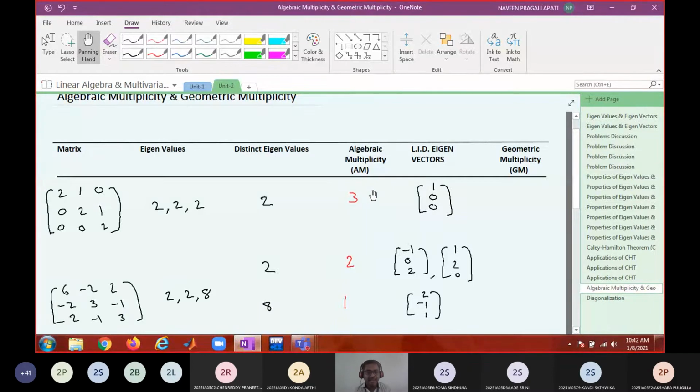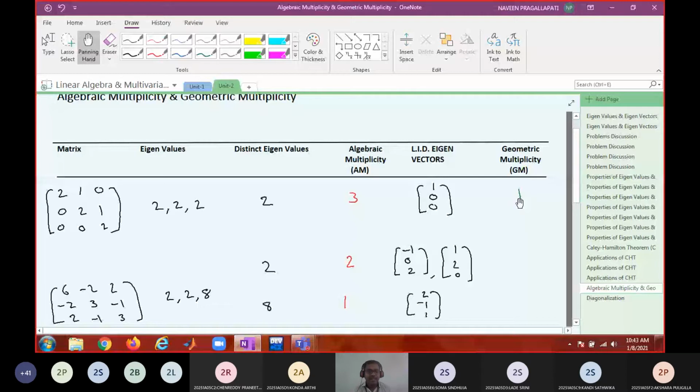So for eigenvalue 2, how many independent eigenvectors did you get? Only one. So what is the geometric multiplicity of the eigenvalue 2? The number of linearly independent eigenvectors corresponding to 2, which you are seeing as 1. Therefore, the geometric multiplicity of 2 is 1.